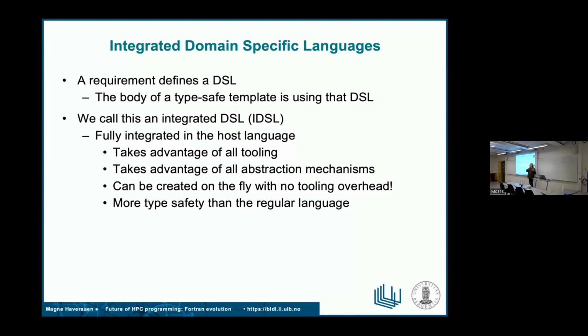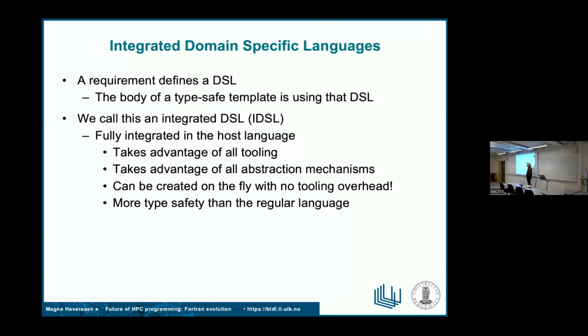And we've done some examples of specific requirements for traveling or things like that. So I'll call this an integrated DSL, because it's part of, in this case, the Fortran language, and you're using it to your benefit when writing template code. It's fully integrated in the host language, that's an integrated DSL.